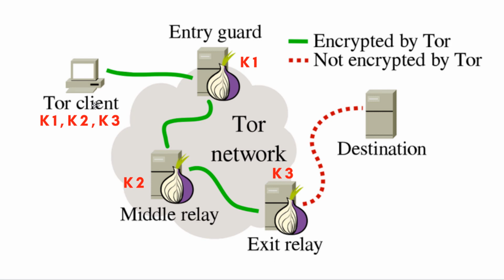If we continue the analogy, the guard node only knows that the client is using Tor, and the exit node only knows that someone who is anonymous is visiting twitter.com. The exit node doesn't know the identity of the source. It only knows the next hop to the Tor client.